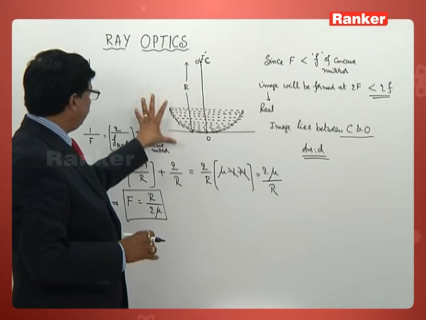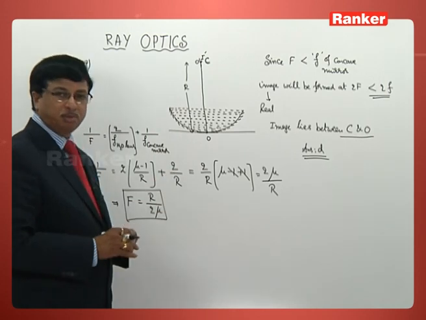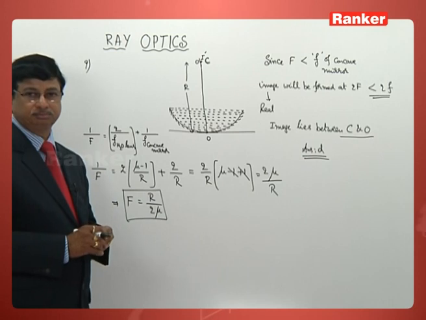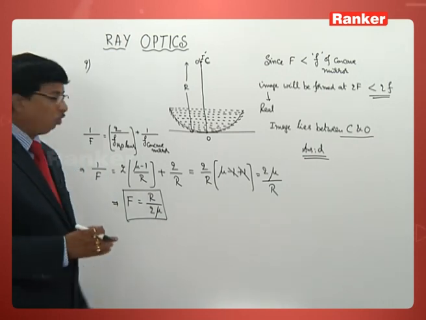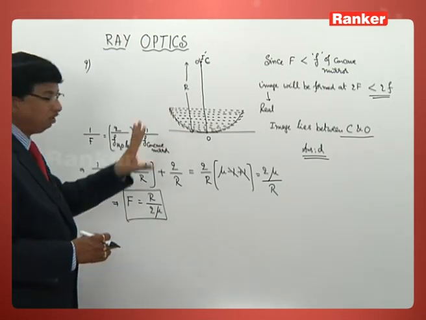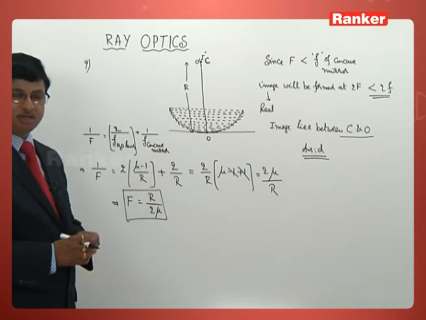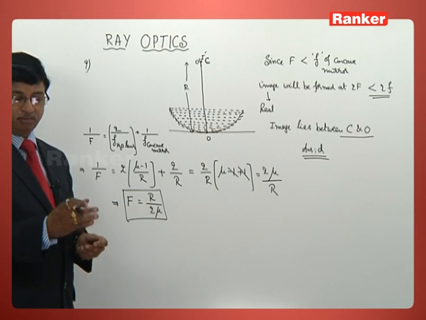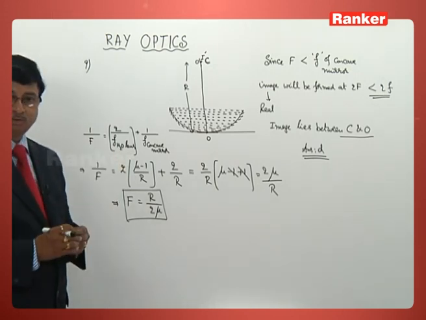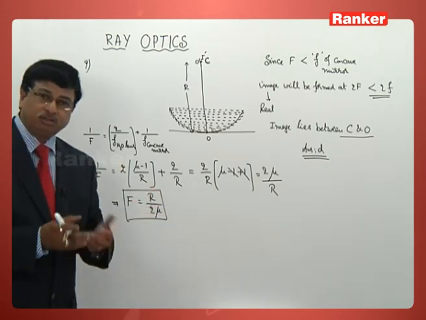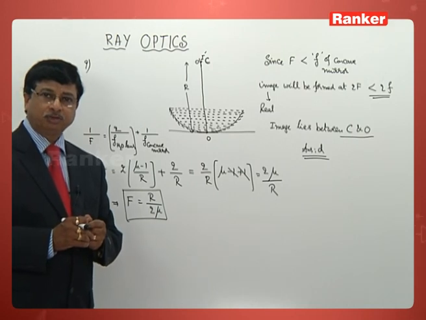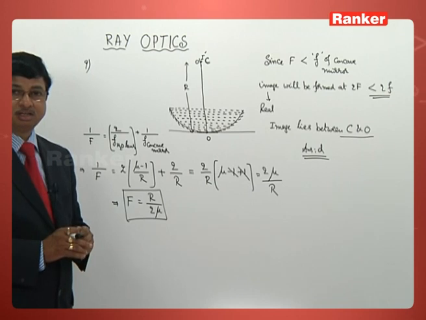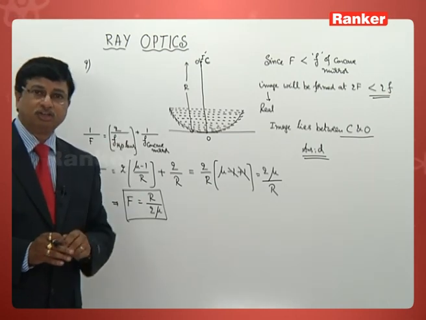So, the first thing you need to do in this type of problem is calculate the effective focal length of the system. The moment you have got the effective focal length, automatically you can expect where the final image is going to be formed. Because when f is less than the original value, 2f also will be less than the original value. So, no chance for the image to cross that point C. It will definitely be well within that point C only.